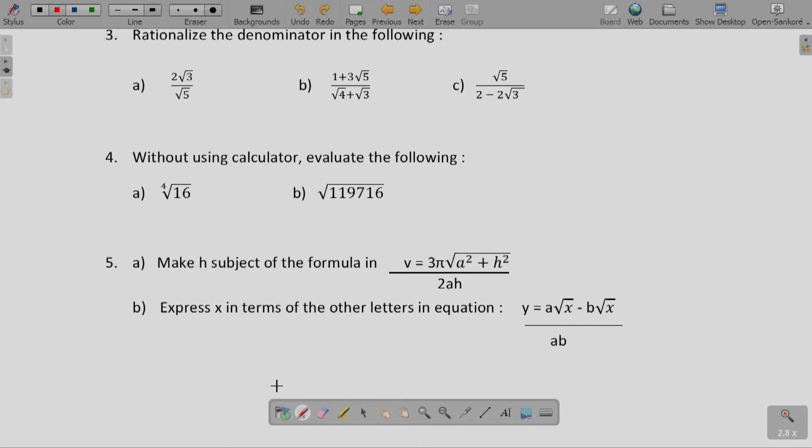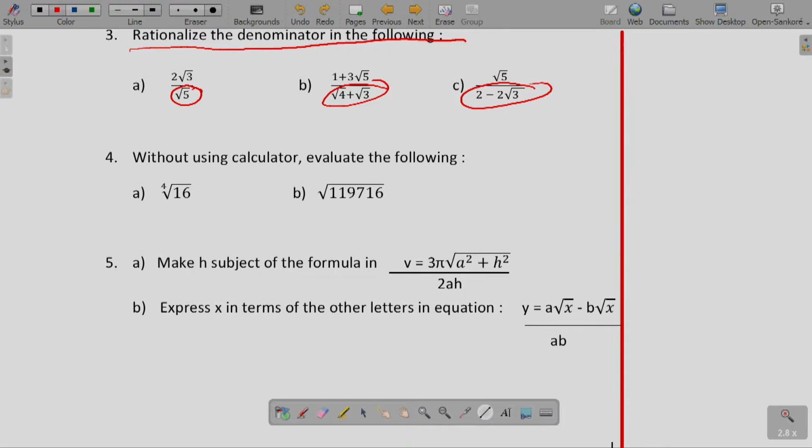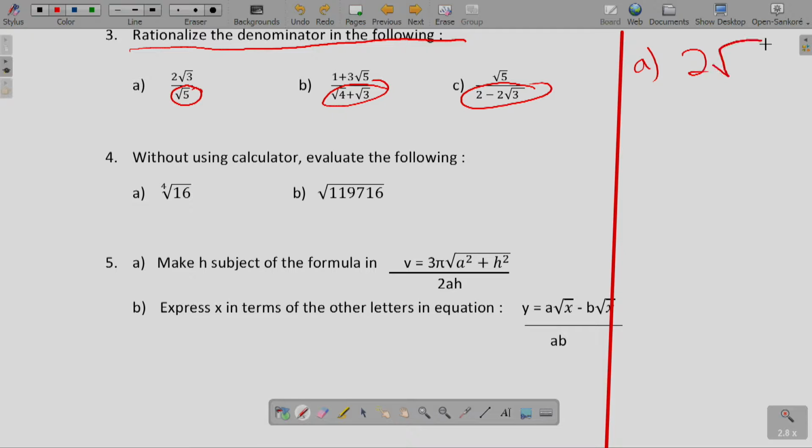The third question: rationalize the denominator in the following. We have to rationalize the denominator in the following numbers. The first one is 2 square root of 3 over square root of 5. We have to express the denominator without radicals.